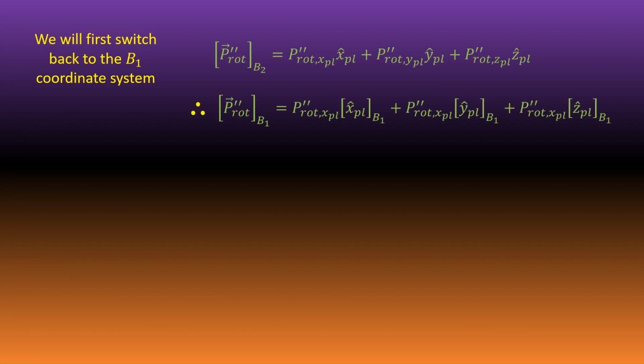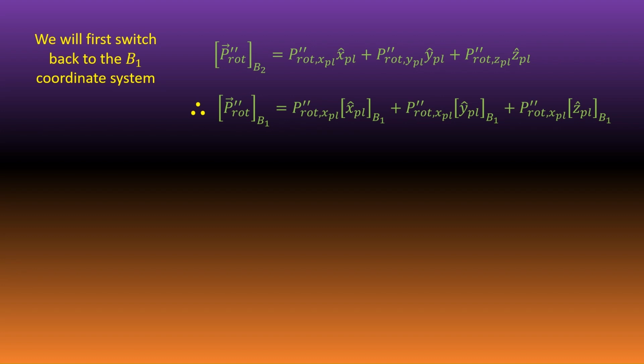All right, so first we need to switch back to the B1 coordinate system. So we have our rotated point, P rot double prime, but it's in terms of the B2 coordinate system. But we want to express it in terms of the B1 coordinate system.